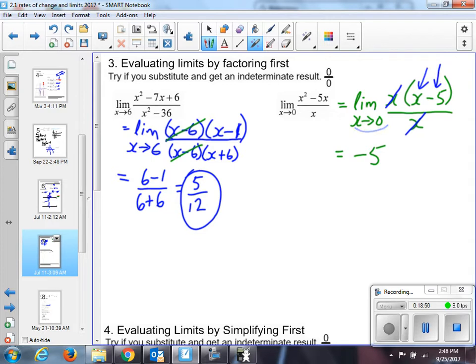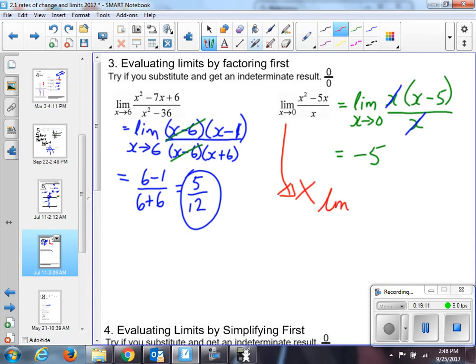Now, a couple things about notation errors that I see, and I'll take off, I'll be chintzy, 0.5 or something out of 2, I'll take it off. I hate showing errors, but I don't want to see this. If somebody wrote down for their next step, this is wrong, and I'm going to erase it because it's wrong. But sometimes people go like this, limit x approaching 0 equals. That is not right. Do you follow me?